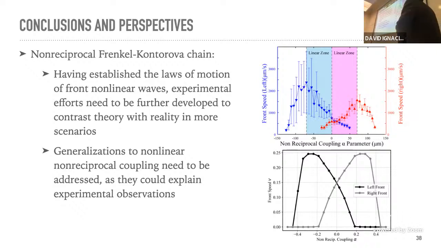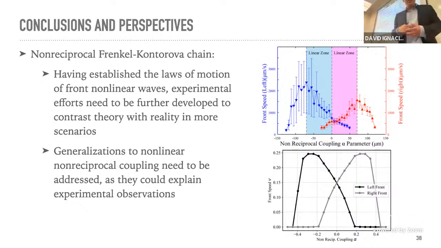First, the front control of a chain. We expect to continue our experimental efforts after having established the law of motion of this linear wave, both into the unstable state and into the stable state. And we want to contrast the models with reality, okay?